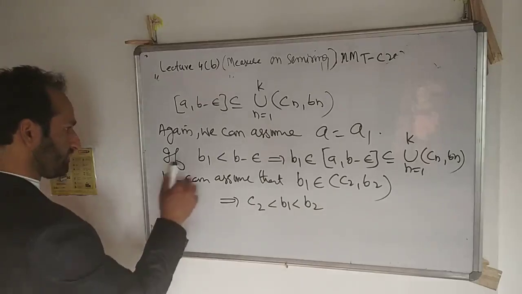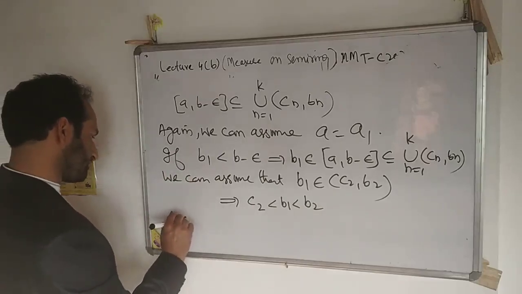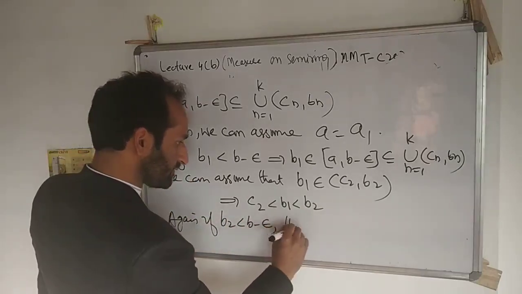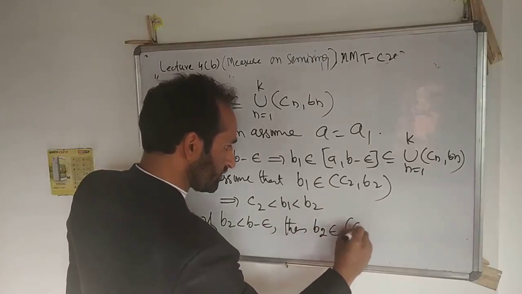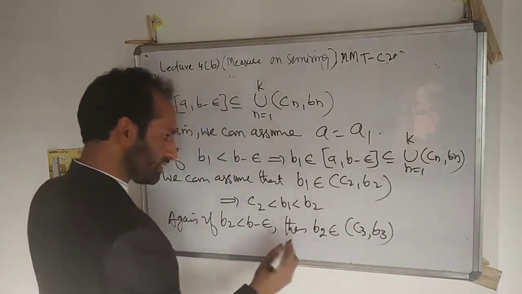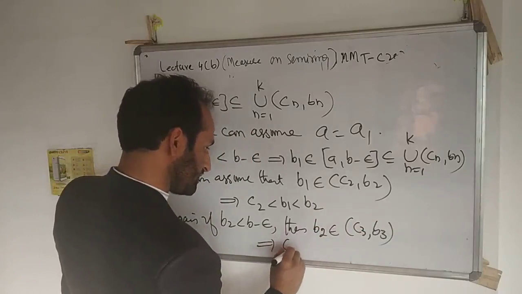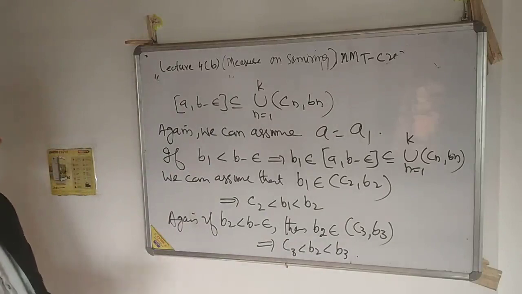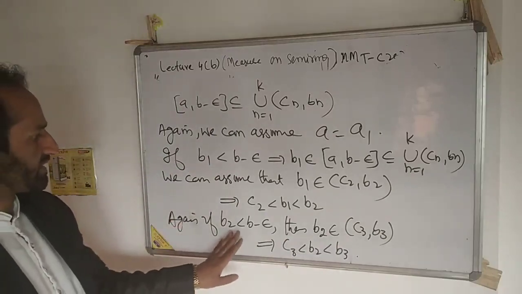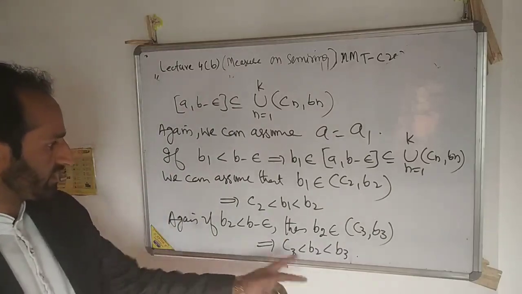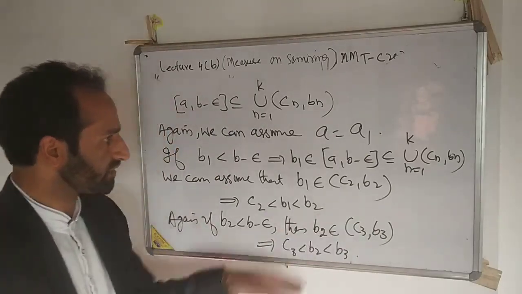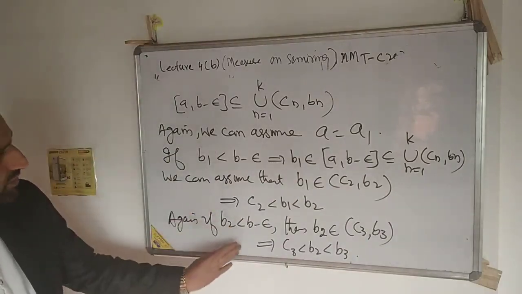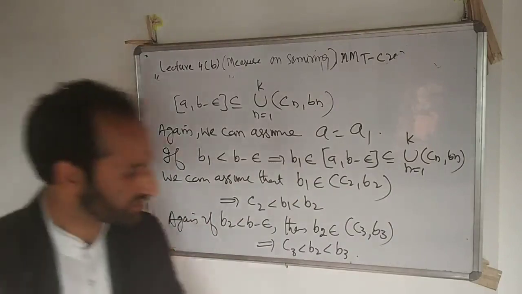Again, if B2 is less than B minus epsilon, then B2 belongs to C3 B3, and this gives C3 less than B2 less than B3. This process must terminate at a certain stage because these intervals are only finitely many, only K intervals.